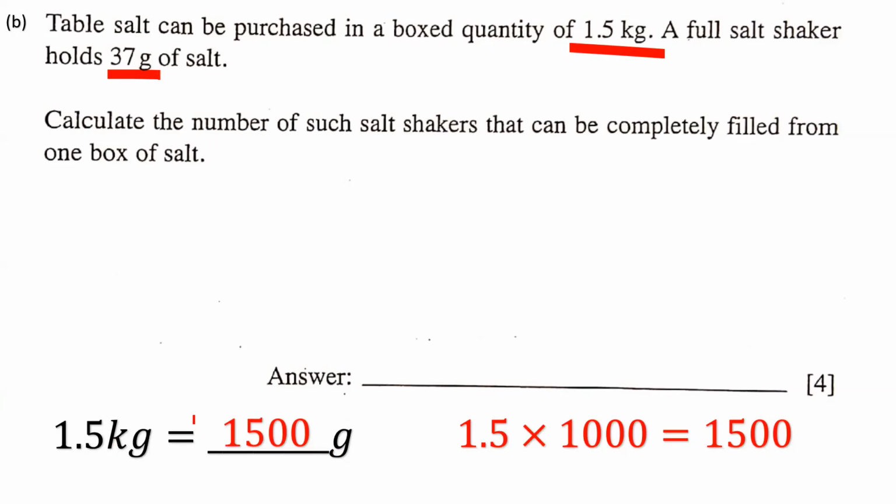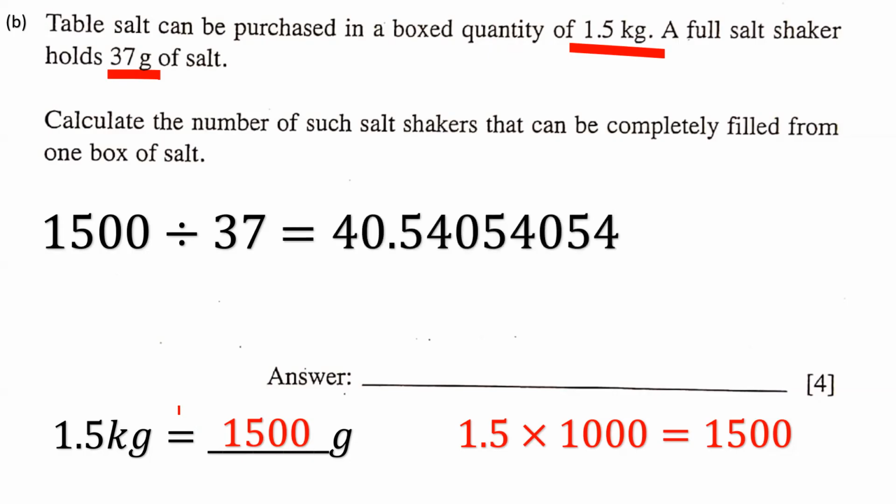So we have this big box. It can contain 1,500 grams. And so if each shaker holds only 37 grams of salt, how many of them do you actually need? And so we did the maths. We just divide 1,500 divided by 37. And the answer is 40.54054054. Okay, so what does that mean?